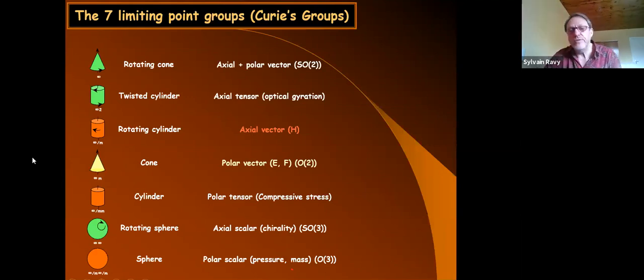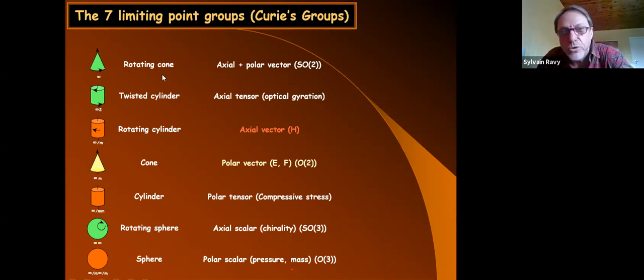And then you have interesting limiting point groups that I described previously. They are called Curie's groups, but I think it's maybe only in France that we call them this way, because Pierre Curie was French, and I think he first discovered these groups. These groups are usually associated to special geometric figures.